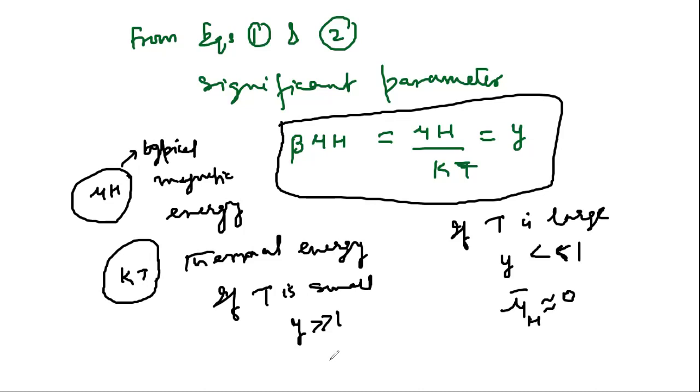So in this case, the average magnetic moment in the direction of the field is approximately mu. Let me change the color here. Let me write here. Think about this.